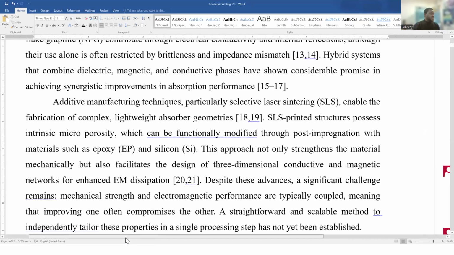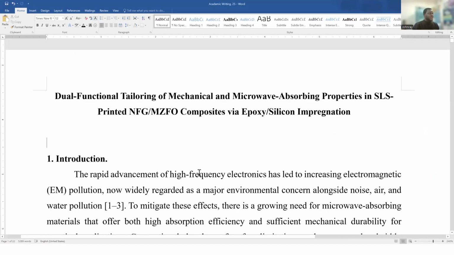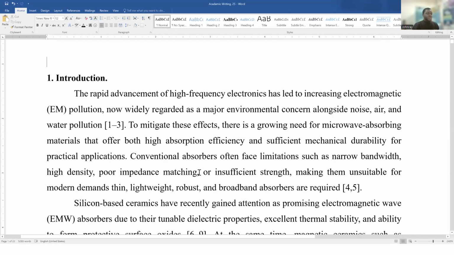I don't know how I'll be able to make you see the whole screen, but basically, this article has been accepted by a journal already, which is going to be published very soon. So I'm sharing this with you. Let me say that before, so that it's on record before we continue.